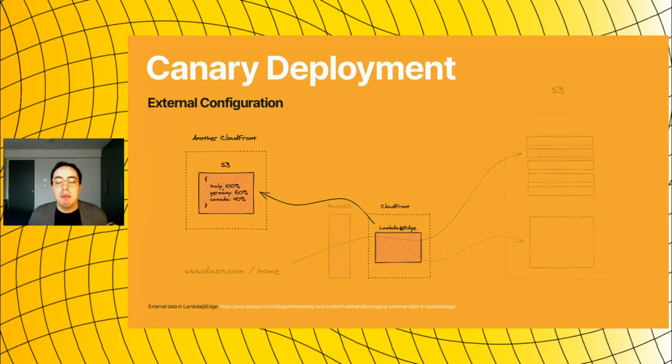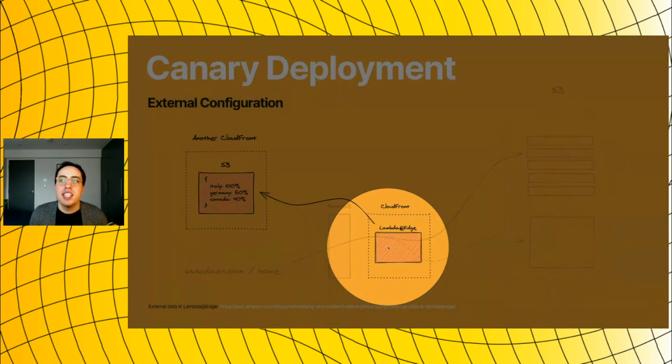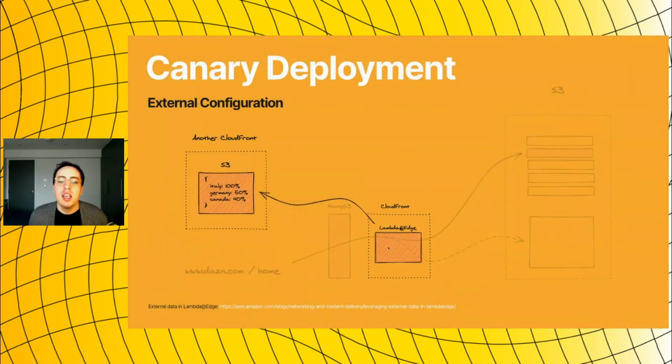Yes, you can, but you have a problem, and you have to remember where these functions are running. These functions are running globally, and that means that they could run in Japan, they could run in Germany, they could run in Alaska, or they could run all around the globe. So as much as S3 is this magical thing where we can store everything, that's pretty much a physical server somewhere in the world.